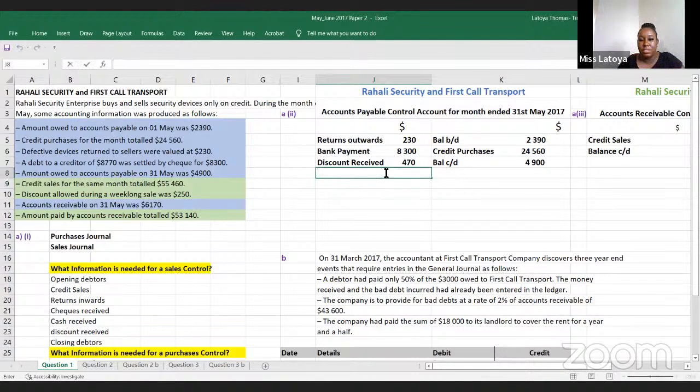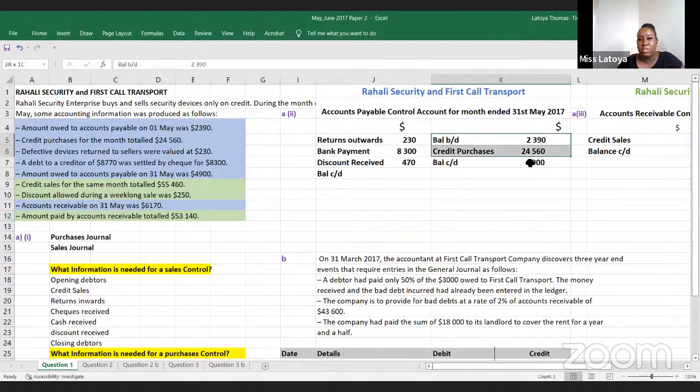Now let's balance. Can anybody tell me what the totals are on both sides? We have to subtract to get our balance carried down figure. So we have to add on the credit side. What are you getting? Anybody added?